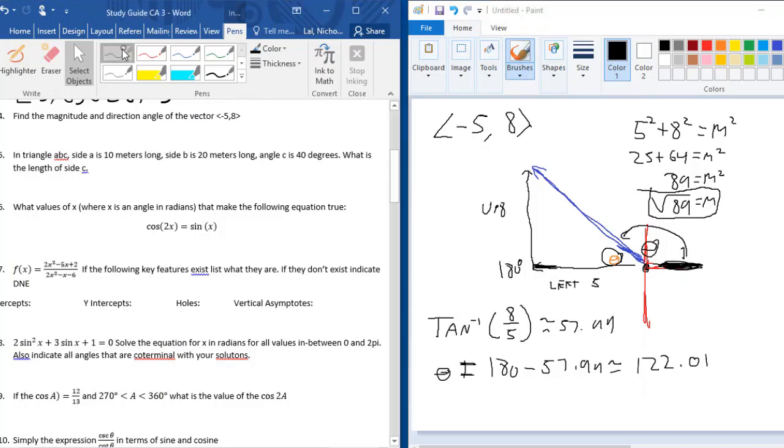And so the magnitude is equal to the square root of 89, and the direction is equal to 122.01 degrees. And now obviously I've been taking my time to explain things, but really if you know what you're doing and you're quickly punching this in your calculator, you can solve this problem in less than a minute.